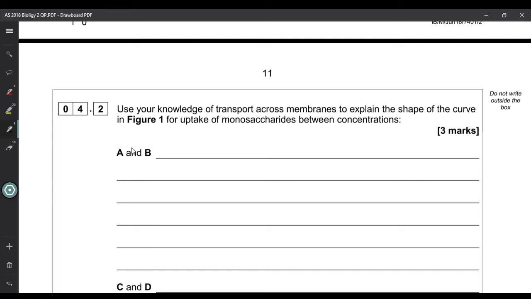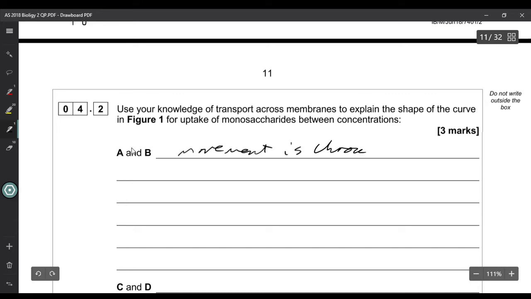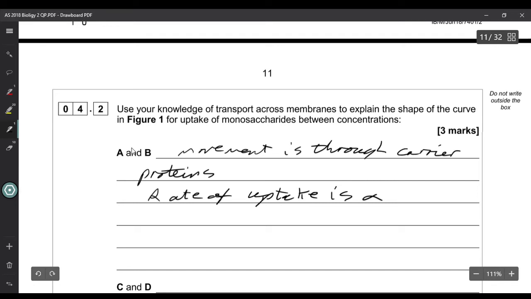So we can say that between A and B, the movement is through carrier proteins, and the rate of uptake is proportional to the external concentration.